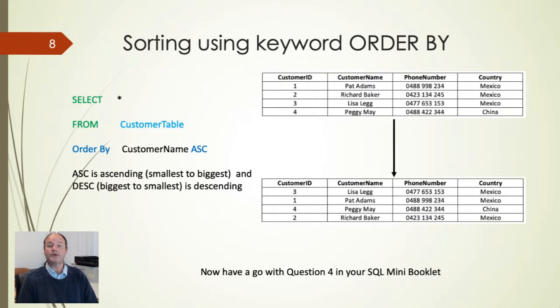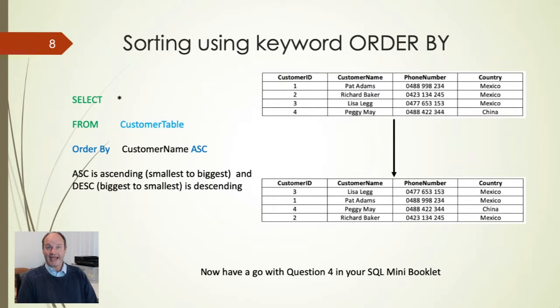In this example, you can see that the table was sorted on customer ID, but has now been sorted on customer name. To do this, you would select all the fields by using the asterisk from the customer table, then use the new keywords order by on customer name and put it in ascending order.